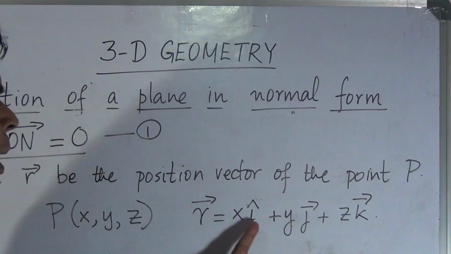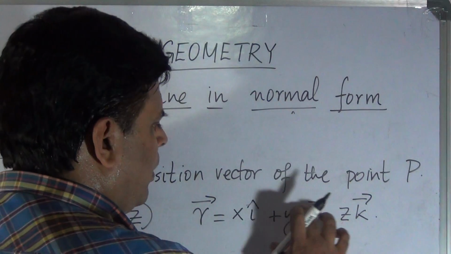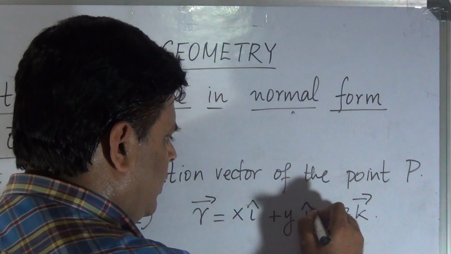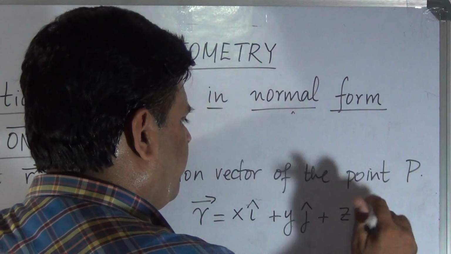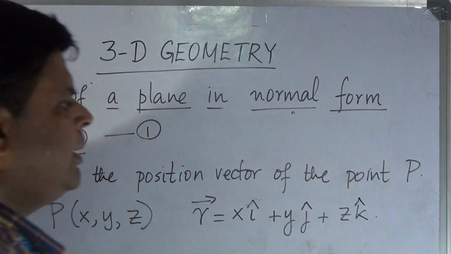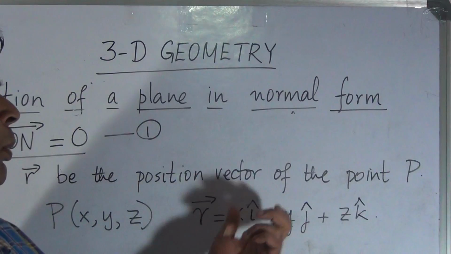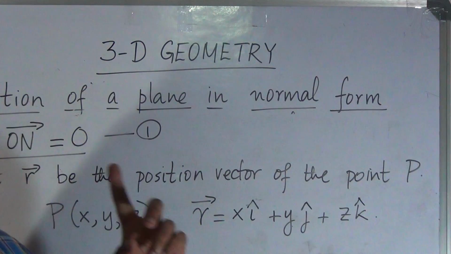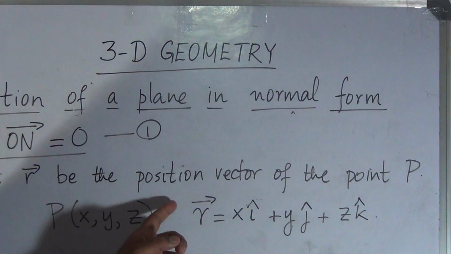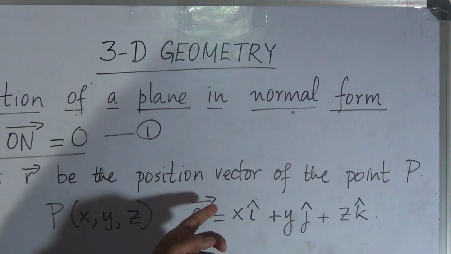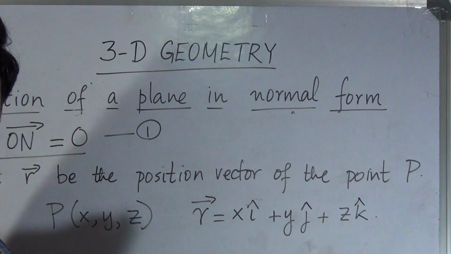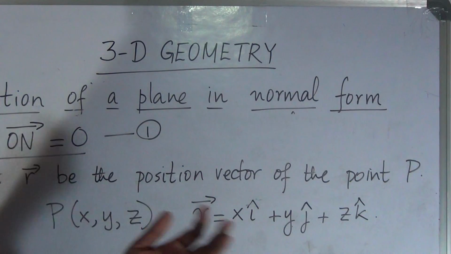So it is x i cap, y j cap, and z k cap. So whenever I see a cap, I know that the vector is of unit length. Whenever I see an arrow, I don't know what its length is. It may be 1, it may be more than 1.